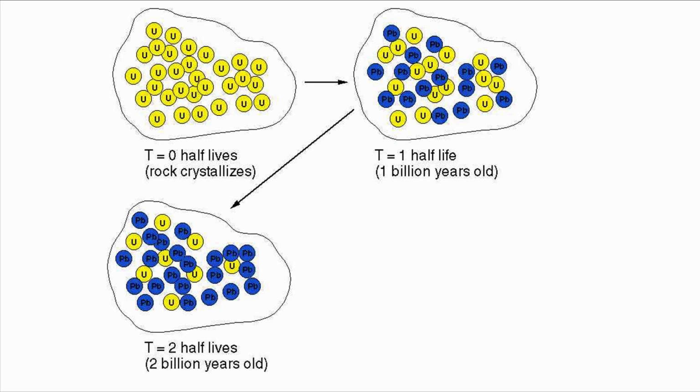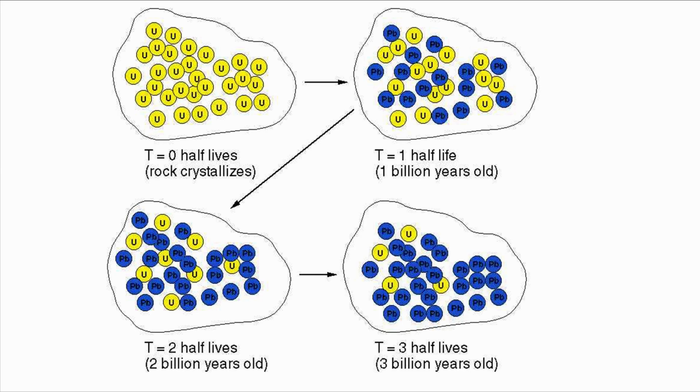And then at t equals 2 half-lives, you will have only 1/4 of uranium left and 3/4 of lead. And so forth and so on, every half-life you halve the amount of the parent isotope and you obtain a daughter isotope. In the case of uranium-lead, uranium is the parent and lead is the daughter.